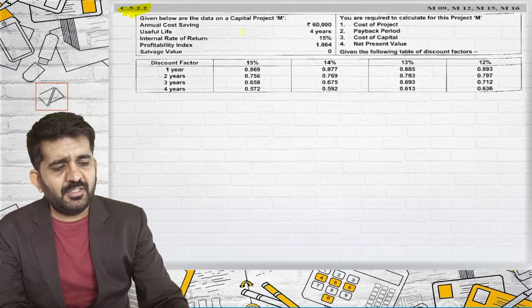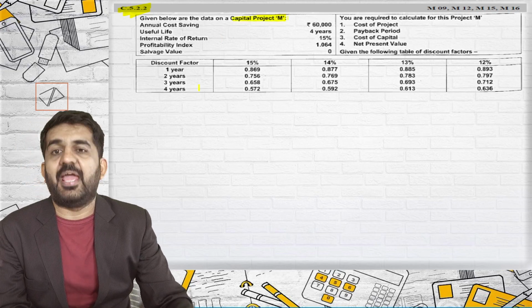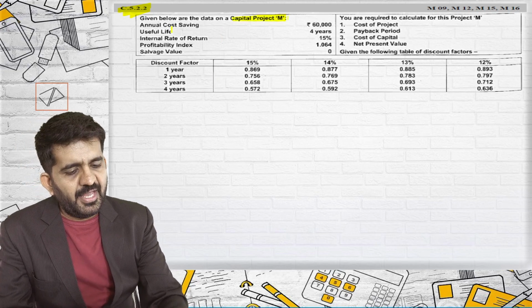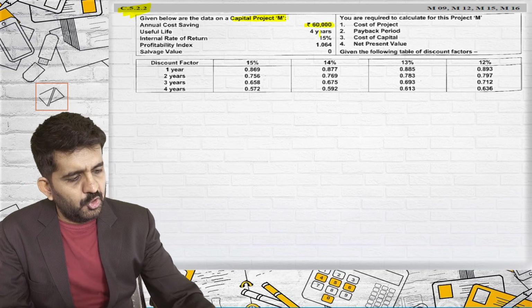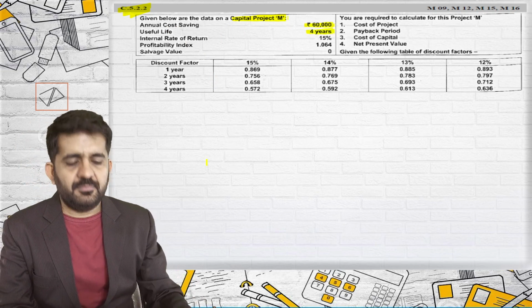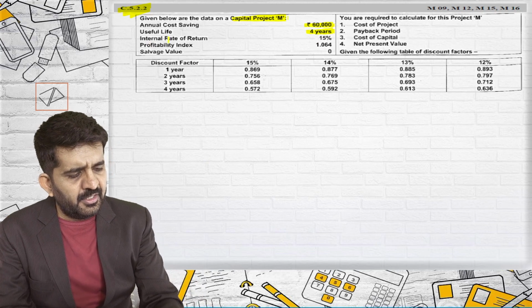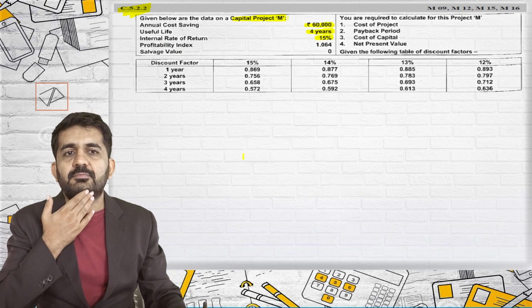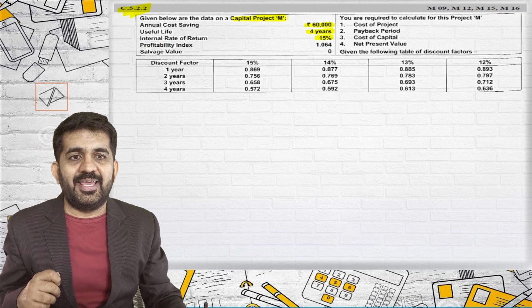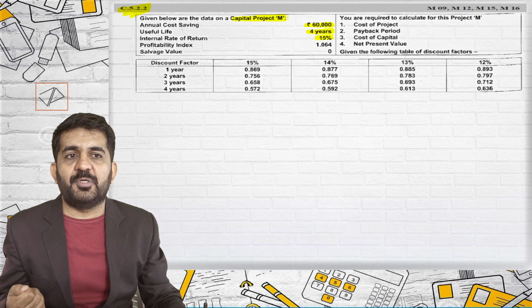Given below are the data of capital project M. Annual cost saving is 60,000. Useful life is 4 years. Internal rate of return is 15%. So you save 60,000 rupees annually for 4 years.